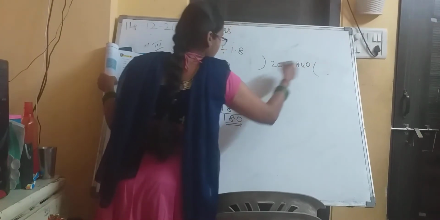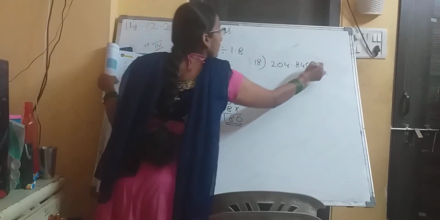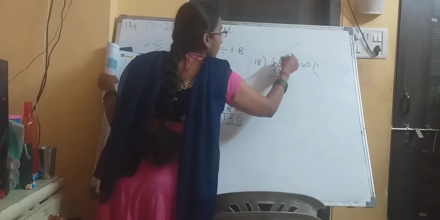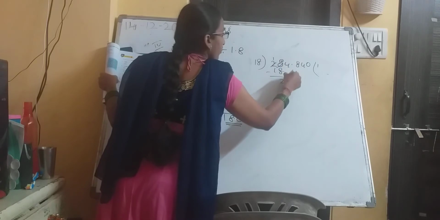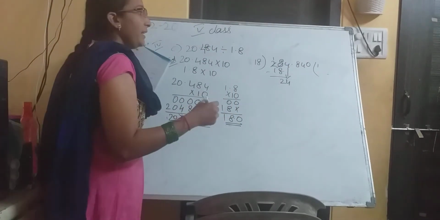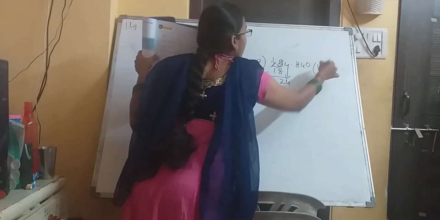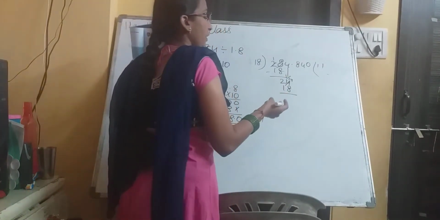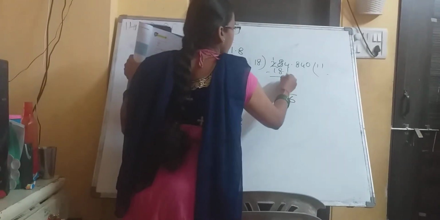204.840 divided by 18. 18 ones are 18. 10 minus 8, 2. 4 comes down. 24. 18 ones are 18. 18 twos are 36. So again 18 ones are 18. 14 minus 8, 6. Okay.